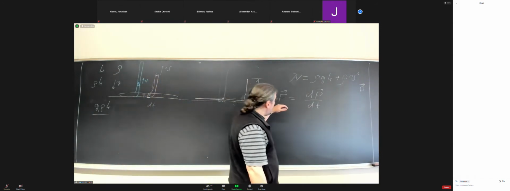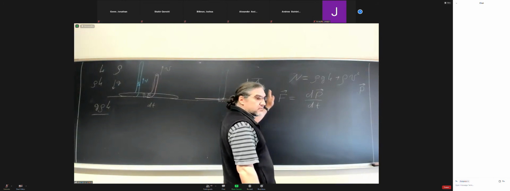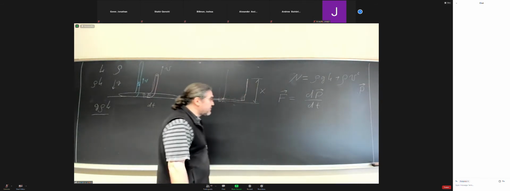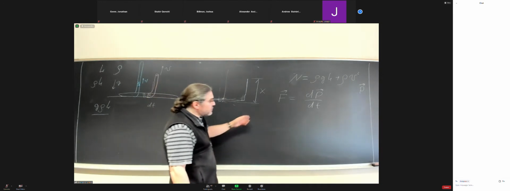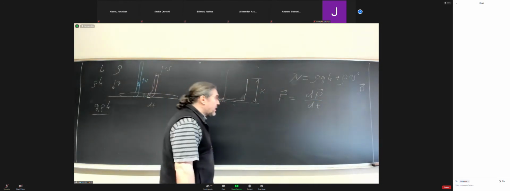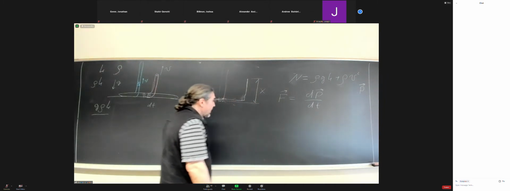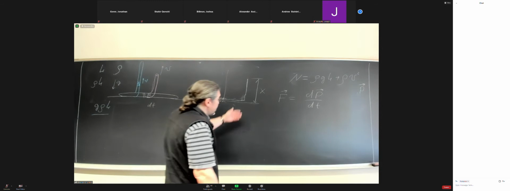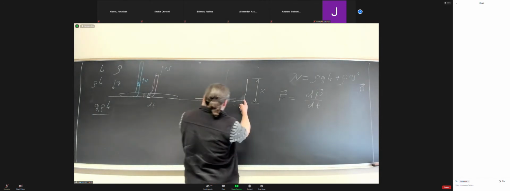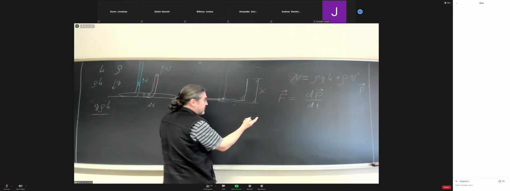I will only concern myself with the vertical force, because that's the only force I'm calculating here, so I need the vertical component of the momentum. This piece of snake is not moving, so it has no momentum at all.